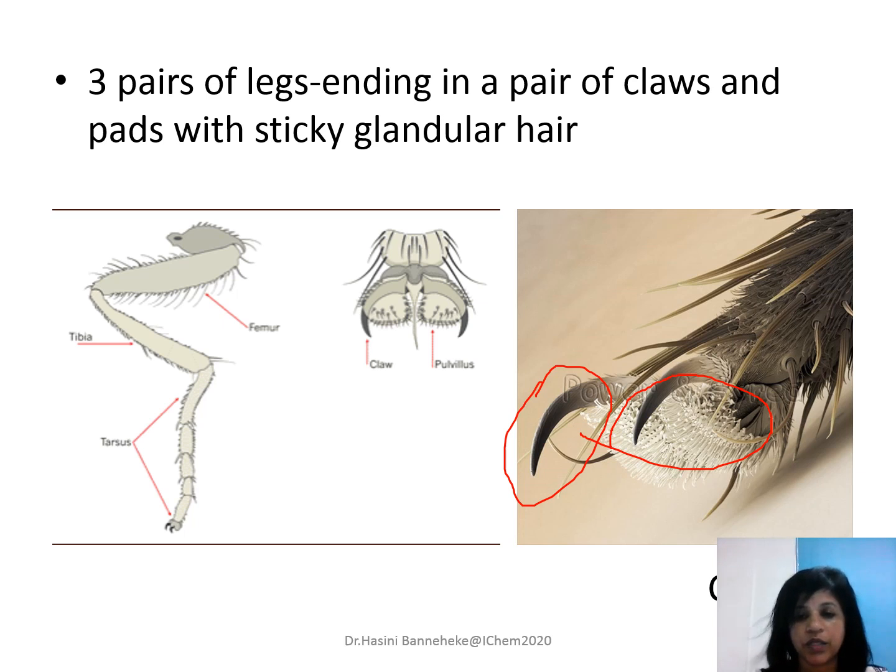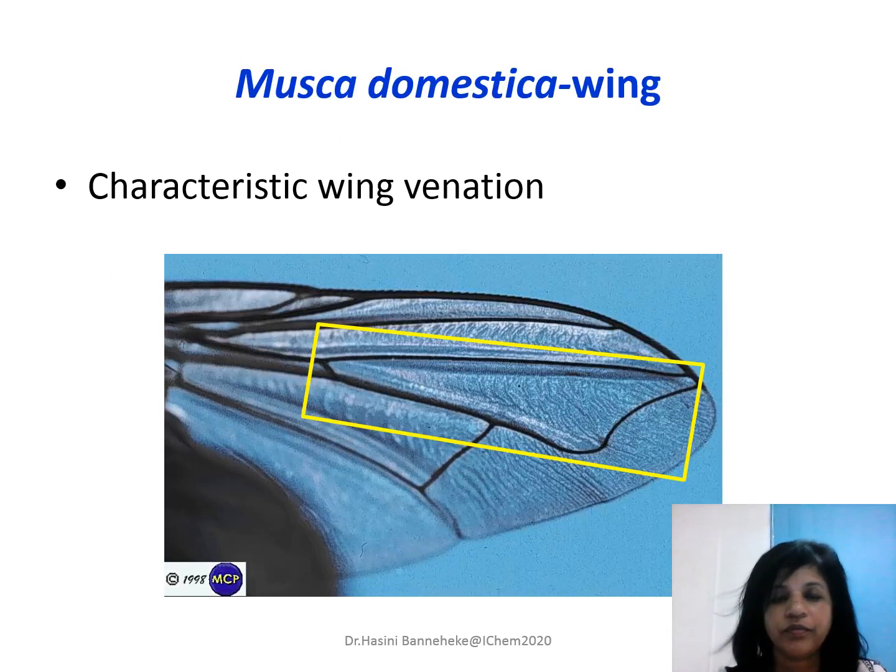Now Musca domestica, the housefly, is a mechanical transmitter. That means it carries infections, the microorganisms from one place to another. So these claws and sticky hair help them with their function. This is the wing appearance with which again species can be differentiated.